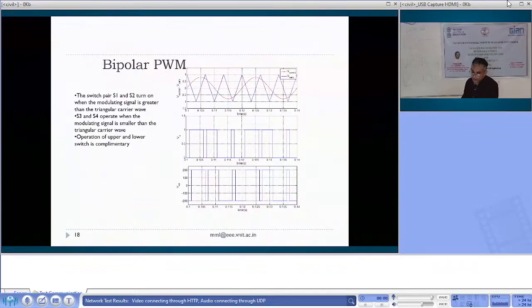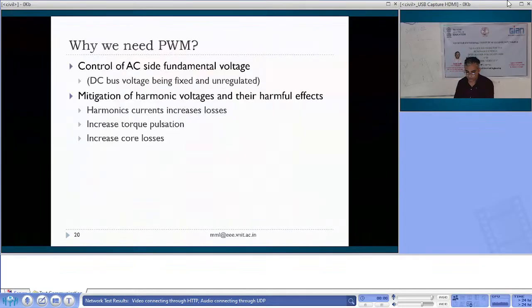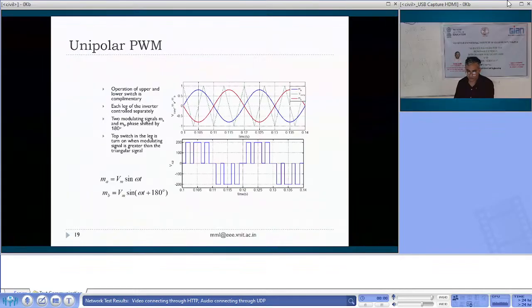Unipolar means you have a zero state, but you require two sinusoidal waveforms phase shifted by 180 degrees.